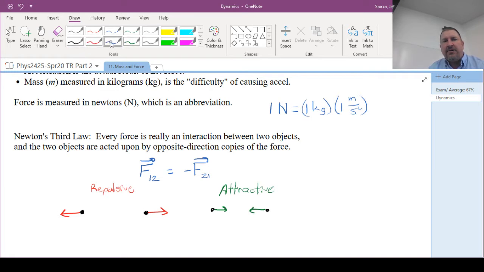And then the third direction that we could have is a shear force, where we have our two objects probably in contact, and one object feels a force that way and the other object feels a force that way.